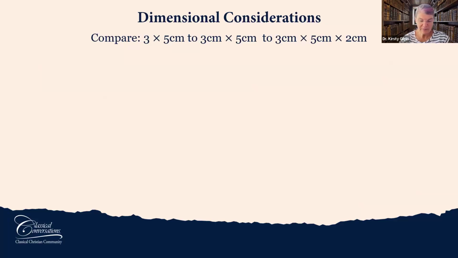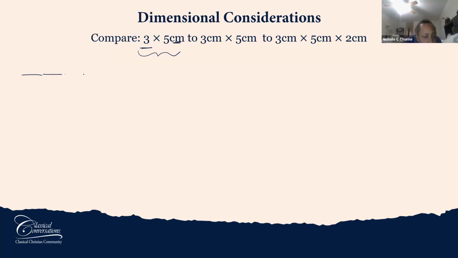Again, I mentioned this earlier, right? If I have a scalar times a length, right? Scalar, no units other than one, times a length, what are my units going to be? So here's a case, if I have three of that length, 5 centimeter lengths, it's going to be a length, right?